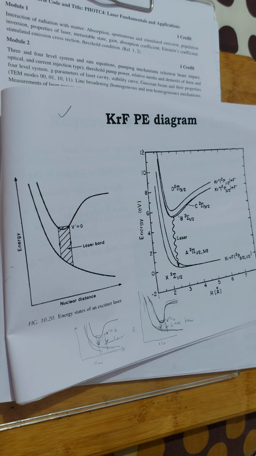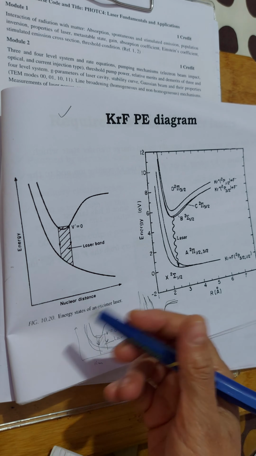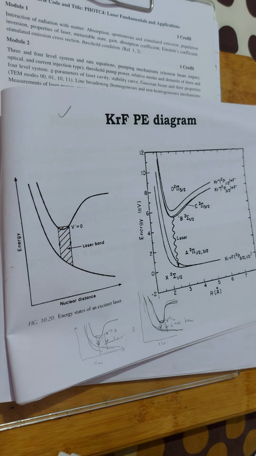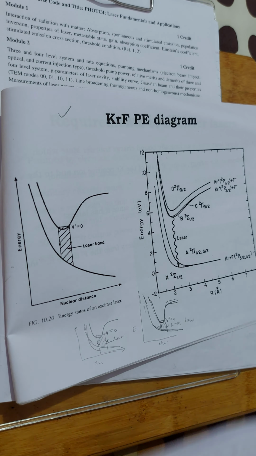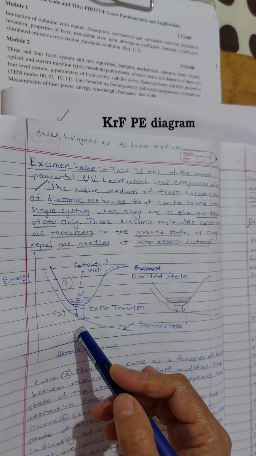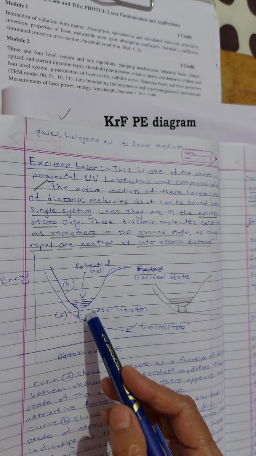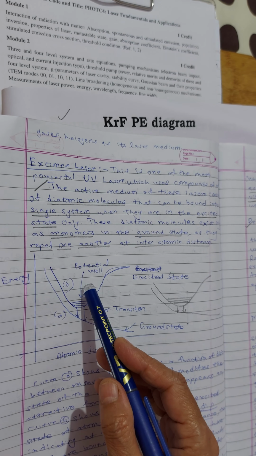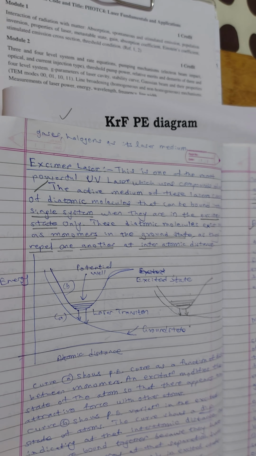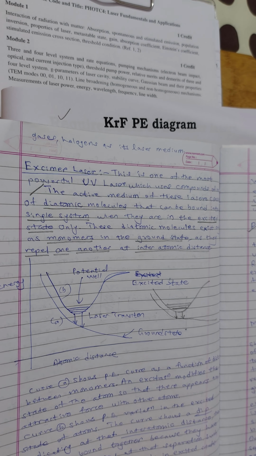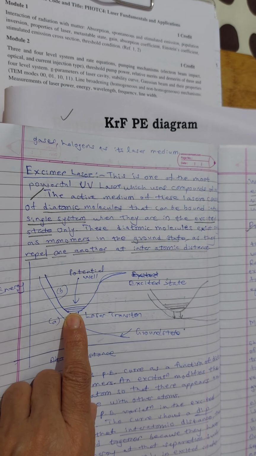So only this diagram, or the diagram I showed, is important over here to get the feel of the potential well, the ground state, the laser transition and the excited state. These lines are nothing but your vibrational levels, the horizontal lines in the potential well.